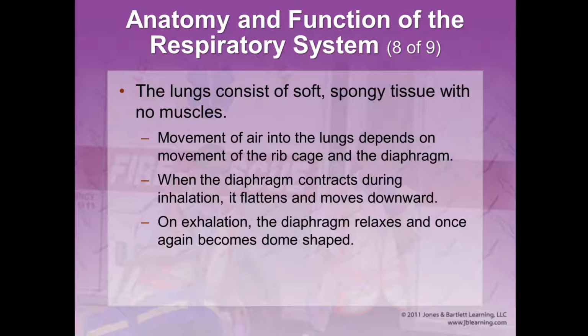Obviously, the biggest thing that I can think of that would make your lungs not soft, spongy tissue is smoking, right? Smoking will harden your lungs and make them lose that elasticity, which makes gas exchange more difficult and creates other damage to your lungs that'll manifest as COPD, emphysema, things like that.